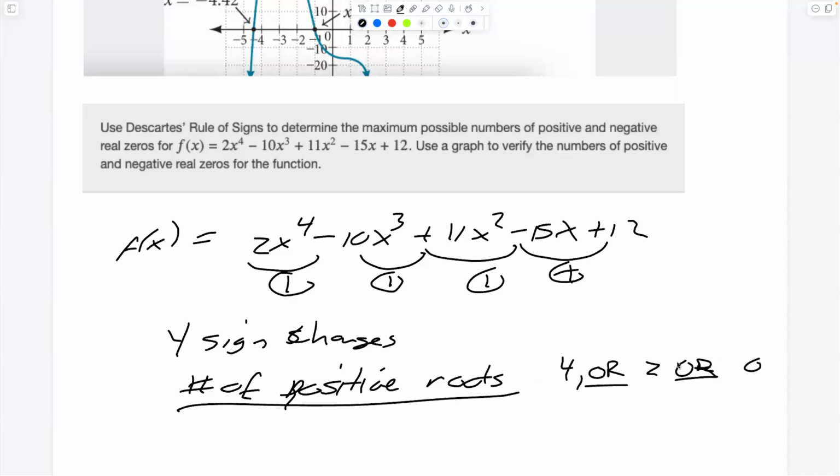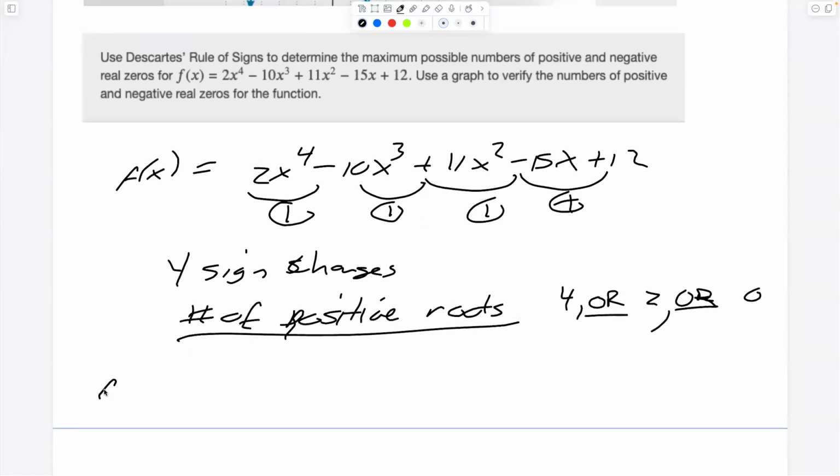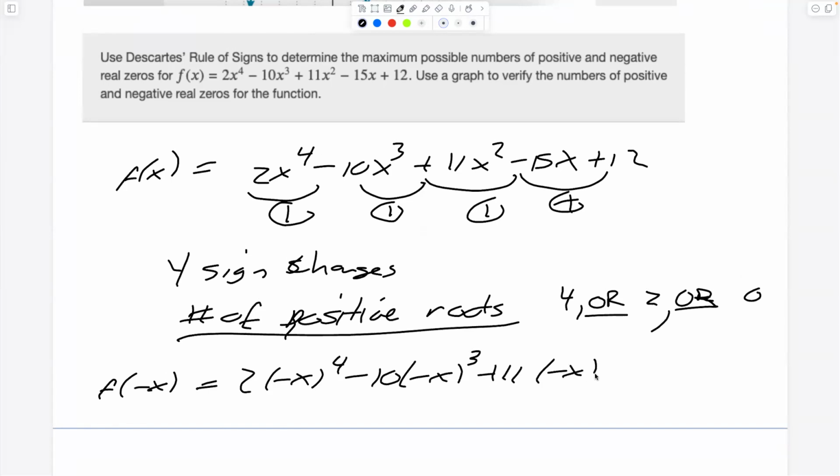Has to be one of these 3 things. Okay, now I replace all my x's with negative x's, all the way through.